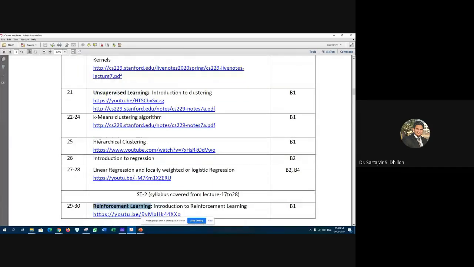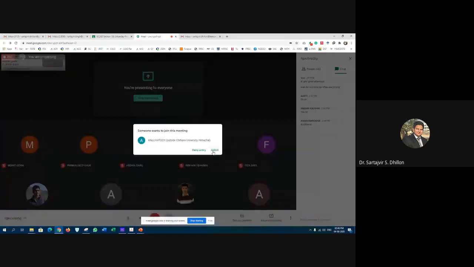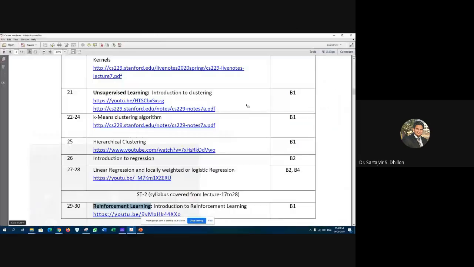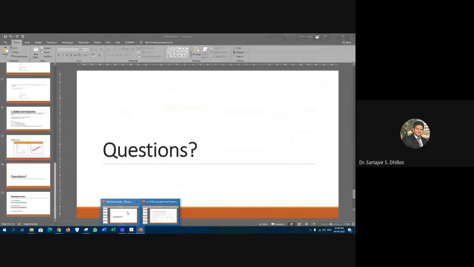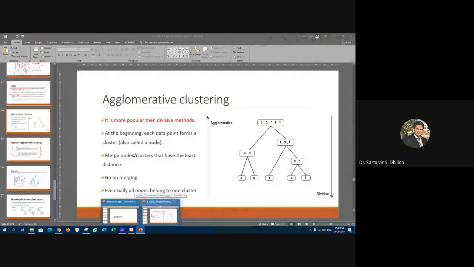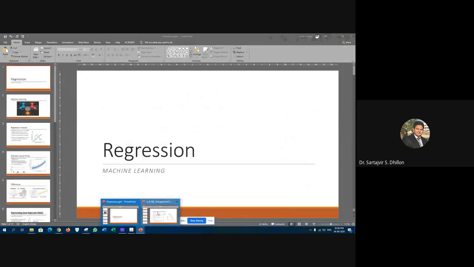Today, let us start with regression. But before we start, there are two topics which are still pending. We will start regression a little later.